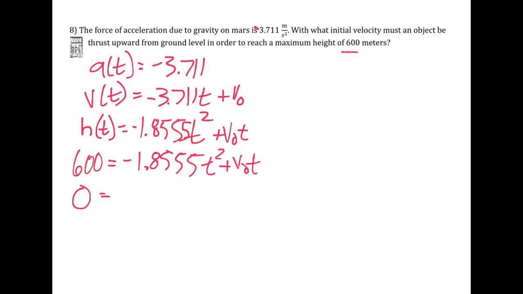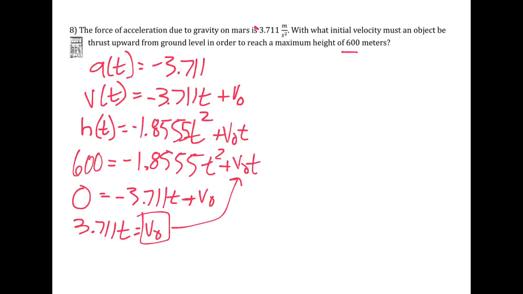So we can set our velocity equation equal to 0 and get negative 3.711 t plus v naught. So I'm going to solve that equation for v naught and get a positive 3.711 t equals v naught. And now I'm going to take that and substitute that v naught in to that v naught right there.